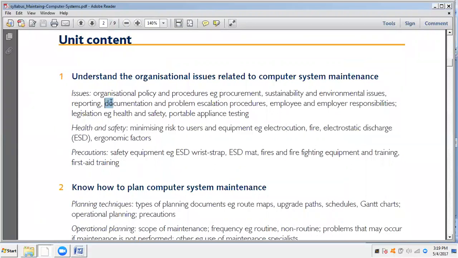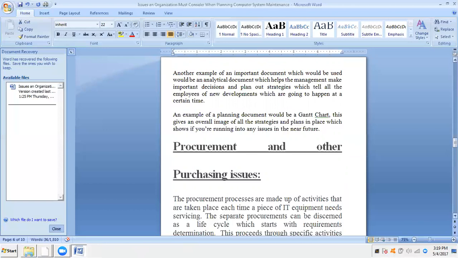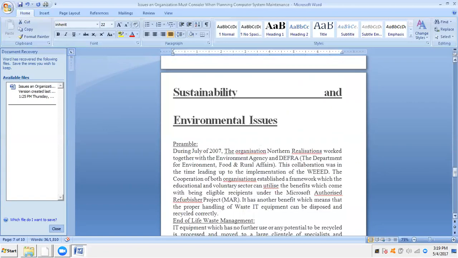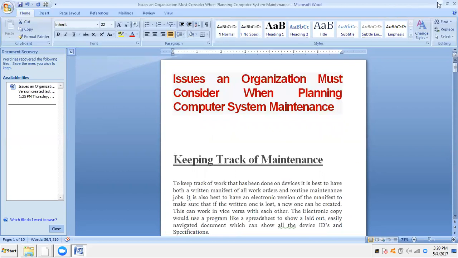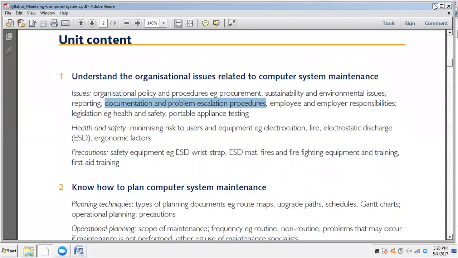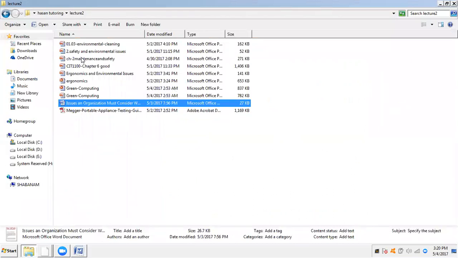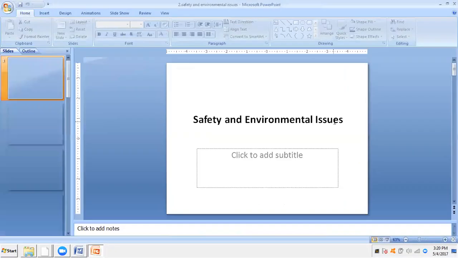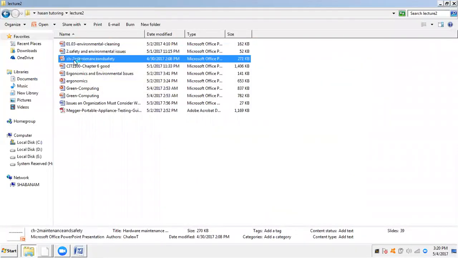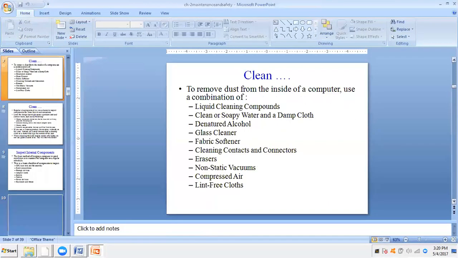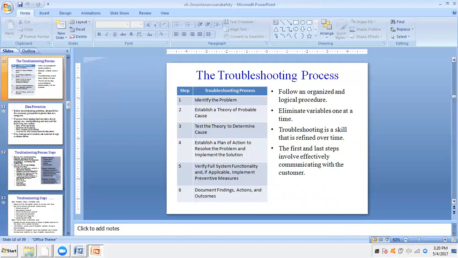Documentation and problem escalation procedure. So these are the steps for how we can sort out the problem of any computer related issues.